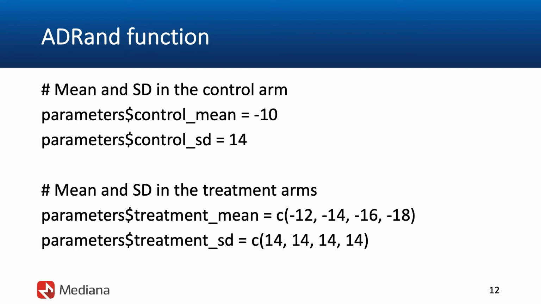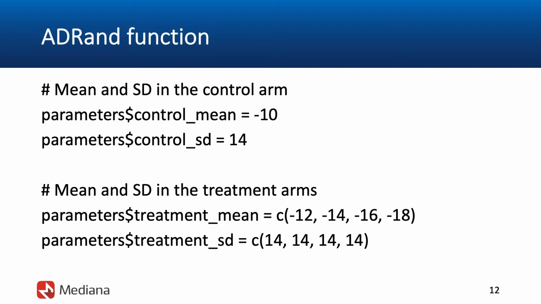At the bottom of the slide, we see a similar set of specifications for the means and standard deviations across the 4 dose levels for the experimental treatment. Therefore, when we see the mean specification, we will need to provide a vector of 4 values, and they are given by -12 all the way up to -18.